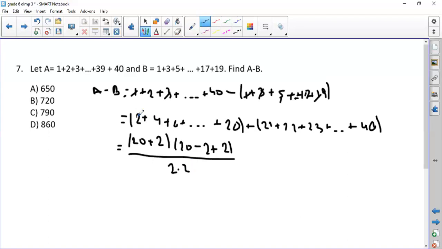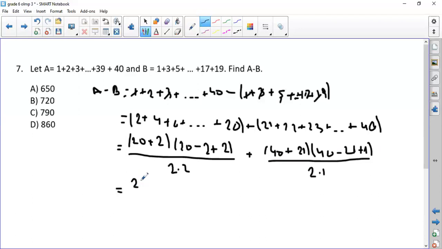So this one will be the sum of the numbers from 2 to 20, plus, now I have the sum of consecutive numbers from 21 to 40. Again, the same formula. I will have the last number 40 plus the first one, which is 21, times the last term minus the first term, plus the difference, which is 1 in this case, over 2 times difference, 2 times 1. Let's perform the operations.